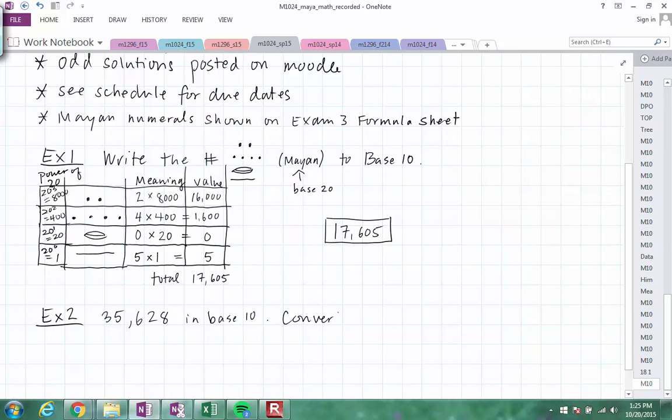And we're going to convert it to Mayan. So our answer is going to look kind of like what we started with in example 1, where we're going to have symbols represented vertically, and it's going to be also in base 20.